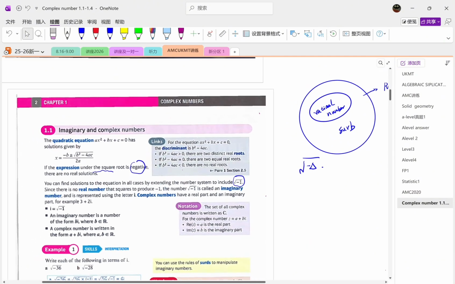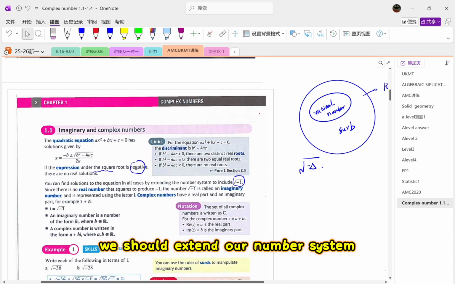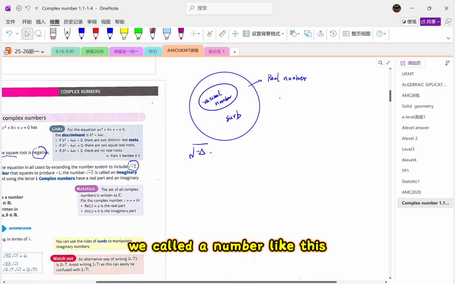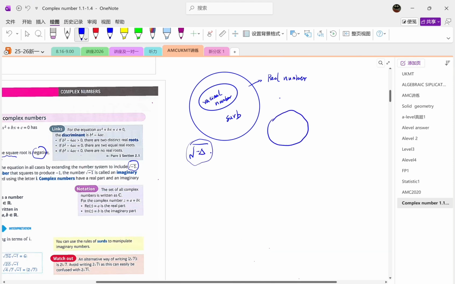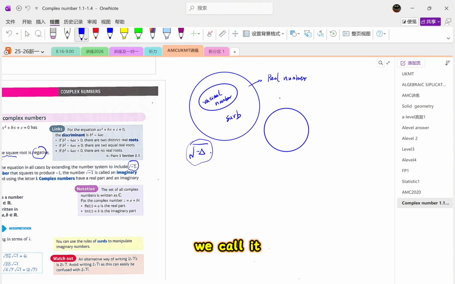So we should extend our number system. We call a number like this an imaginary number.